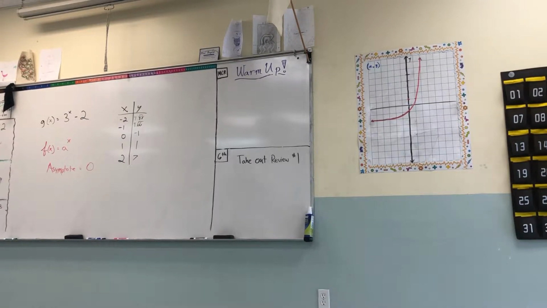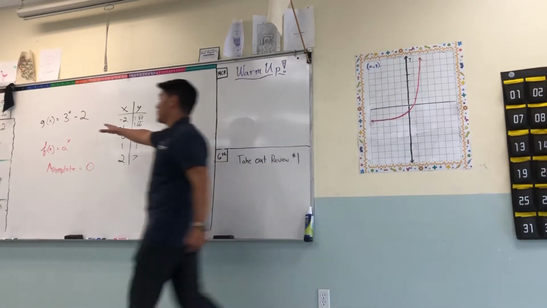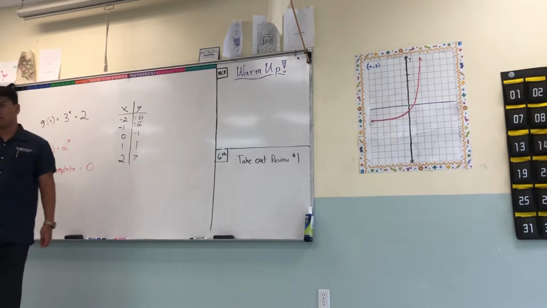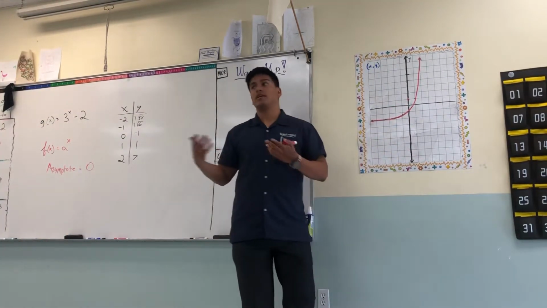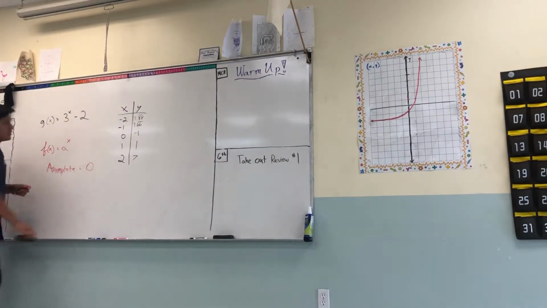What does it get closer and closer to in the exponential function? To 0, right? That's the parent function, 0. But now we move the graph 2 spaces down, so what's it going to get closer to? Negative 2, right? On the y-axis. So y equals negative 2. Okay? Got it, guys? Any questions?